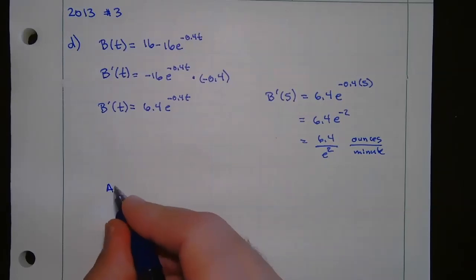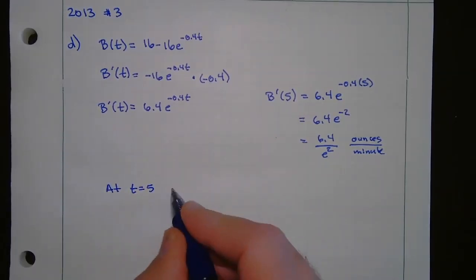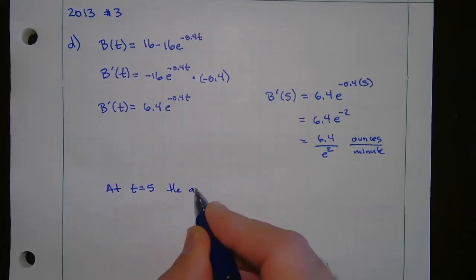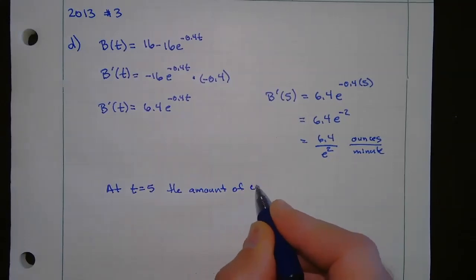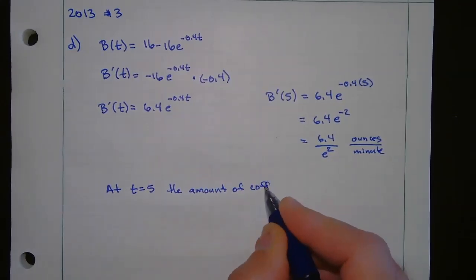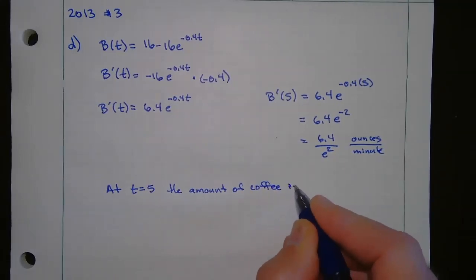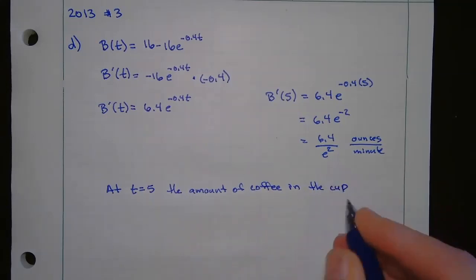I'm going to go ahead and write this, though I know they didn't ask. At t equals 5, the amount of coffee in the cup, since this rate is positive, is increasing.